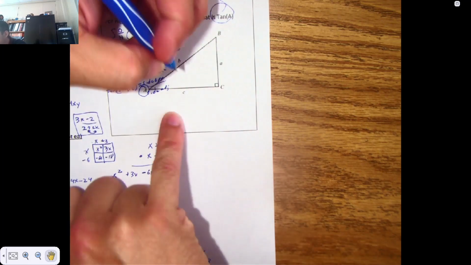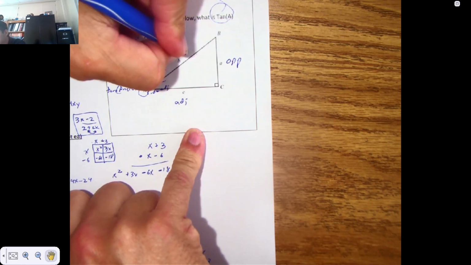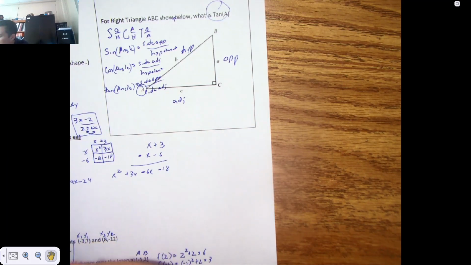According to this, side C, which is oddly enough opposite of angle B, is adjacent. This is side A, it is opposite, and side B is the hypotenuse. I wonder if they did that to throw kids off. Anyways, the tangent of angle A would be opposite over adjacent, and opposite is a little a, and adjacent is a little c.